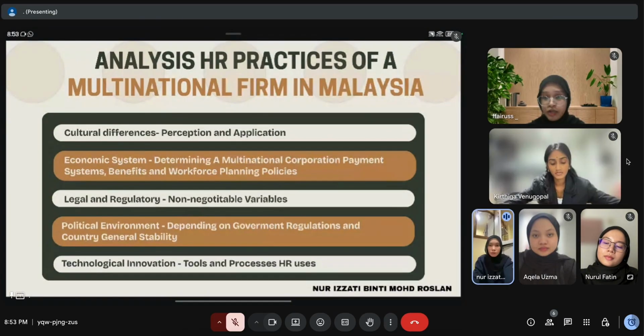And the third is the legal and regulatory framework, such as the Employment Act 1955 and the Industrial Relations Act 1967, which significantly influence HR policy, especially in employment contracts, working conditions, and termination procedures.